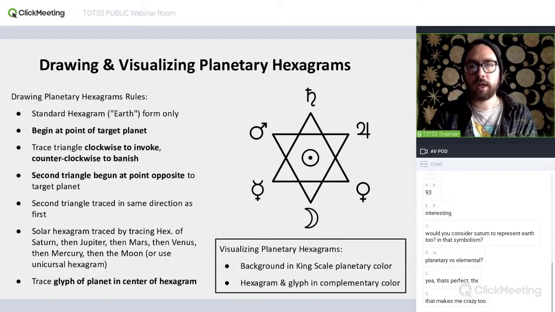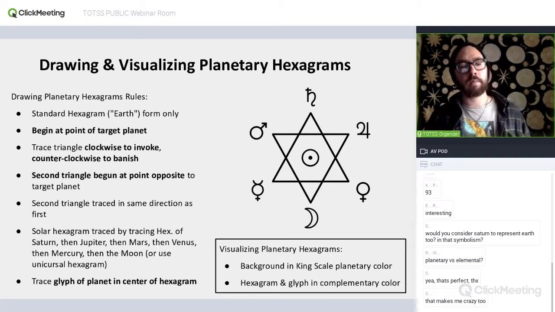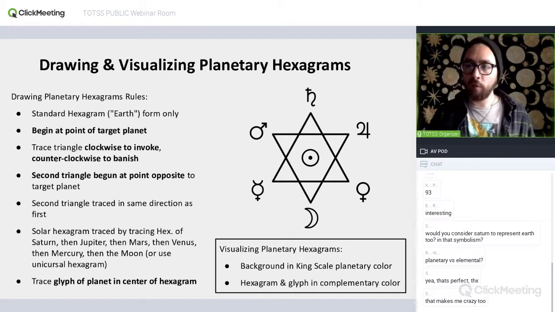All right, so then we need to talk about how to visualize and draw the planetary hexagrams. We'll use the correspondences of the points of the hexagram, exactly as we saw a few slides back, derived from the cosmological and sephirothic associations. As you saw in the lesser ritual of the hexagram, we had 4 different types of hexagrams.